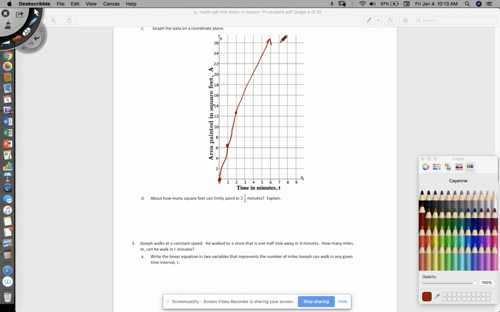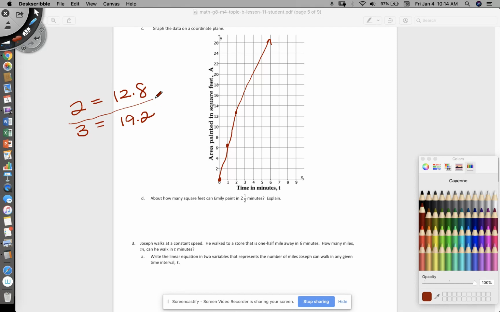Now it says, about how many square feet can Emily paint in 2.5 minutes? All right, so if you remember, with our last one, at 2 minutes, she did 12.8 square feet. In 3 minutes, she did 19.2.